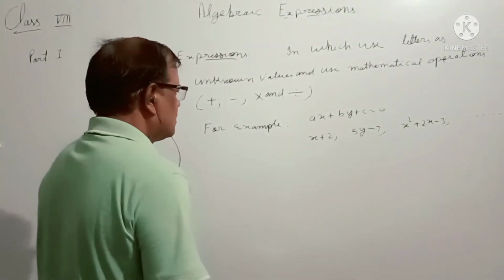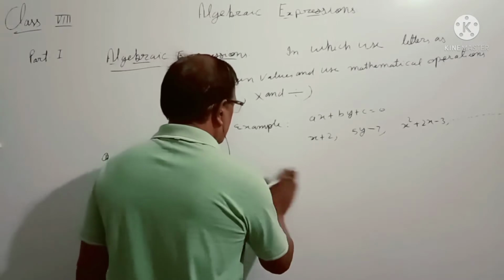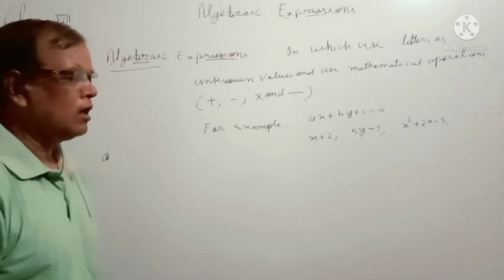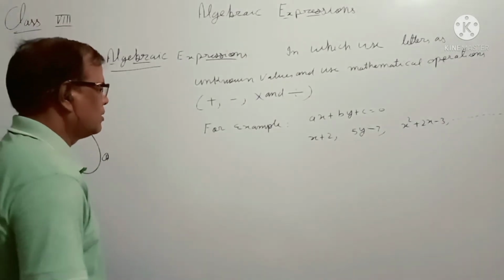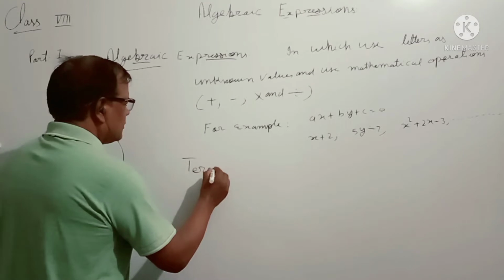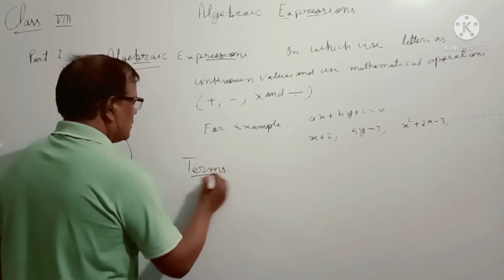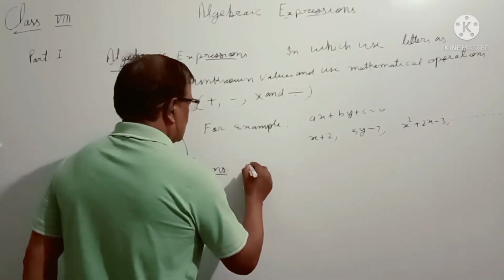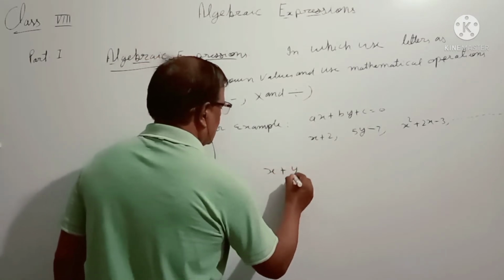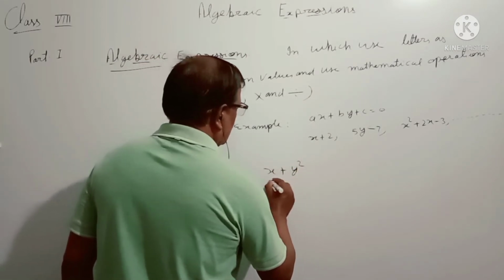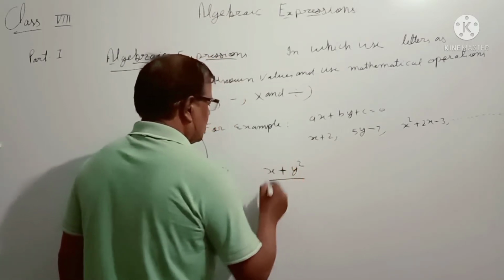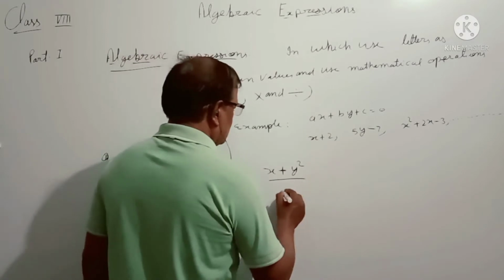In expressions, terms are separated only by the plus or minus sign. For example, x plus y square: here there are two terms because we have used plus one time.